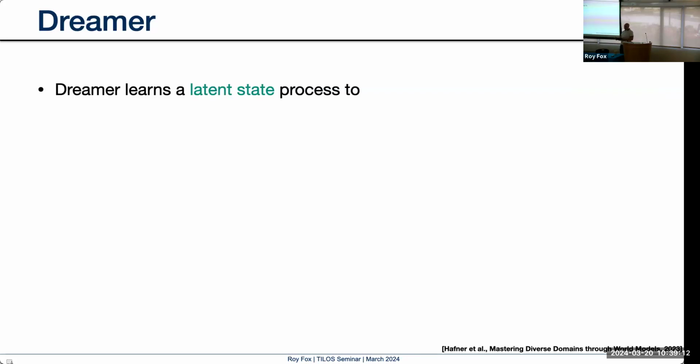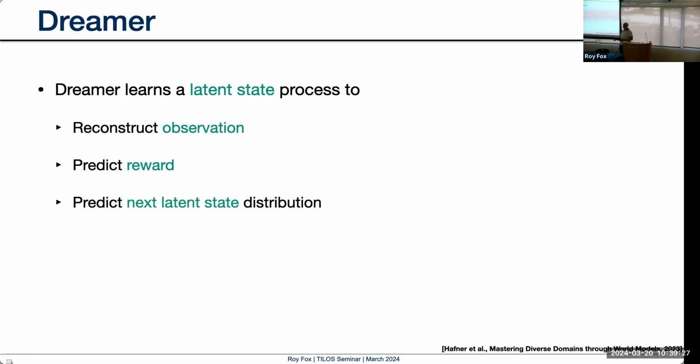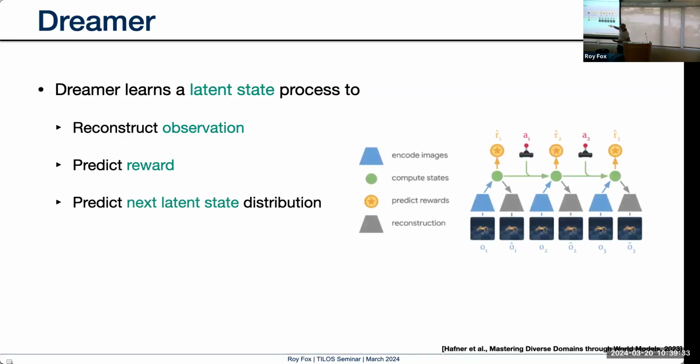So let's see what this scheme is that we're building on. It's called Dreamer. It learns a latent state representation of the dynamical process by looking at the reconstruction of observations. Right? So we're reconstructing observations, we're predicting rewards, and we're predicting the next state, the dynamics of this latent state process. And we do all of it at the same time.